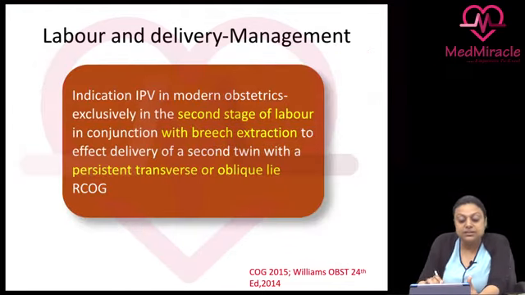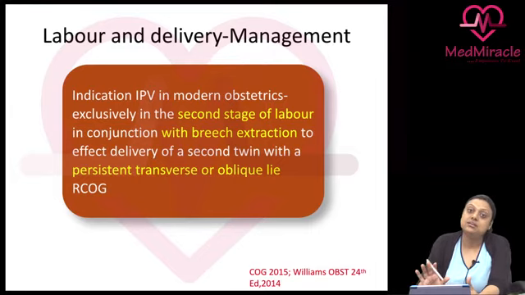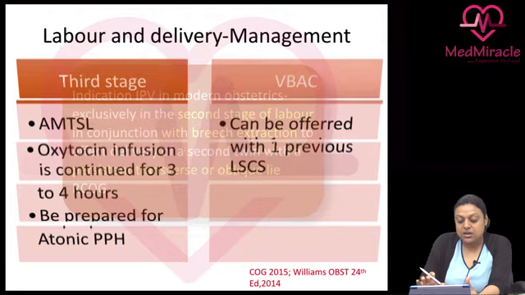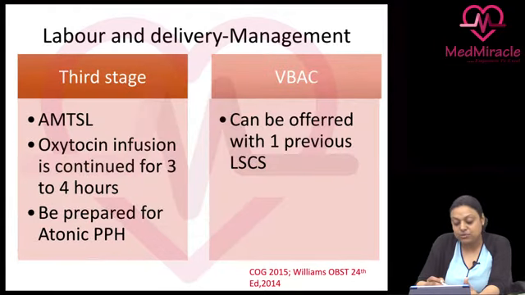The indication of internal podalic version is exclusive to the second stage of labor, in conjunction with breech extraction, for effective delivery of the second twin with a persistent transverse or oblique lie. So the only place where an internal podalic version can be done in obstetrics in the recent era is twin delivery, for the second twin. In the third stage, we have to take care of active management of the third stage of labor. Oxytocin infusion has to be continued and be prepared to deal with atonic PPH.